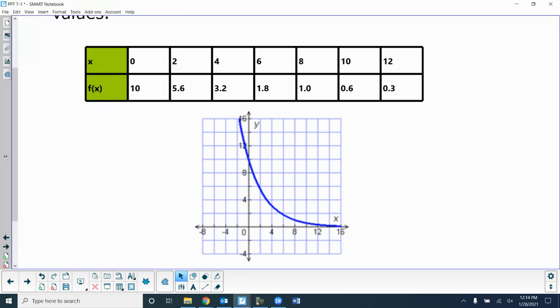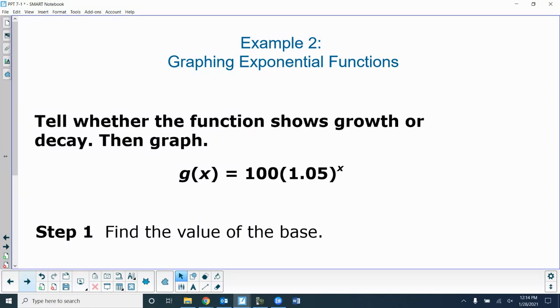Okay, so decay graphs always look very similar to that. They come down real fast and they kind of flatten out. Okay? What's this one? Growth or decay? Growth, because it's higher than one. What's higher than one? The base. This is the base, right?